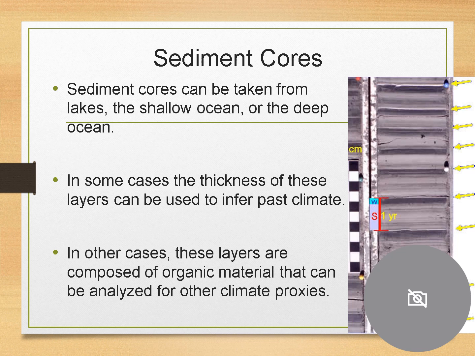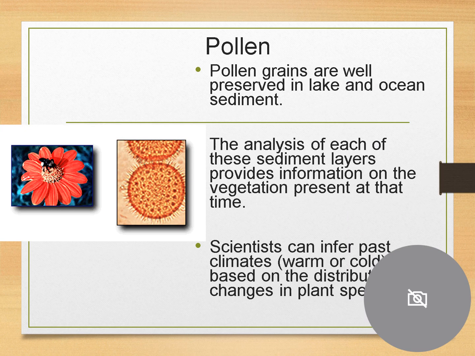Sediment cores are mostly taken at the bottom of a lake, ocean, or deep ocean, and the thickness of different layers may reflect the climate change. In other cases, these layers are composed of organic materials that can be analyzed for other climate proxies, such as pollen and stable isotopes.